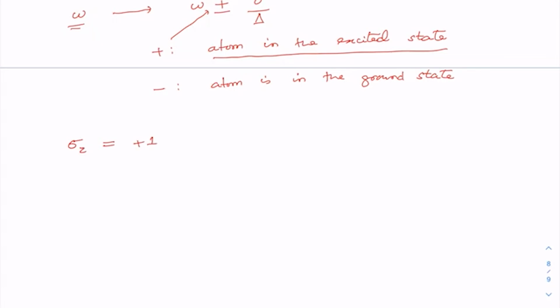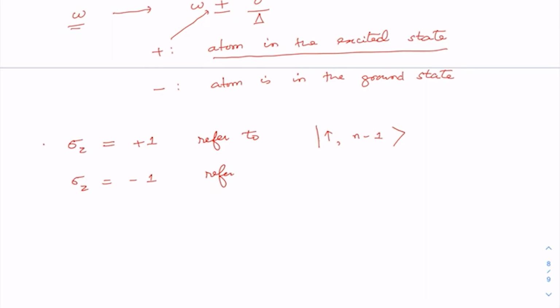Sigma z has two eigenvalues, plus 1 and minus 1.